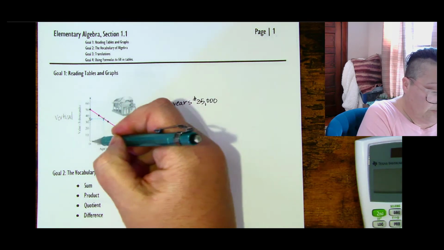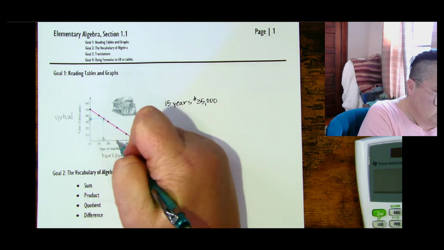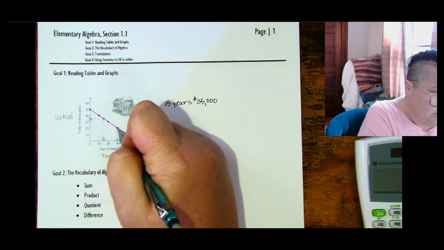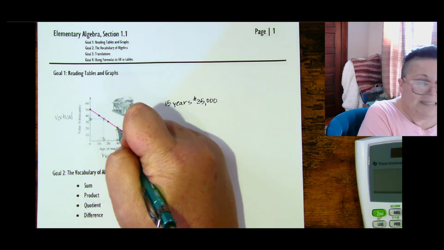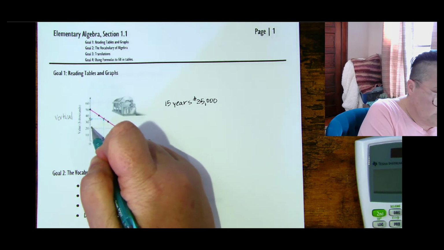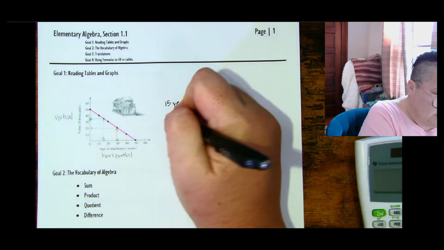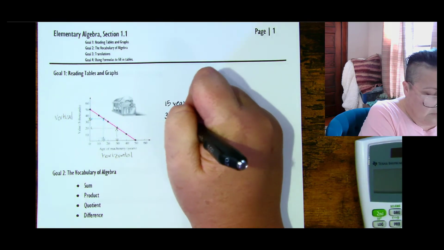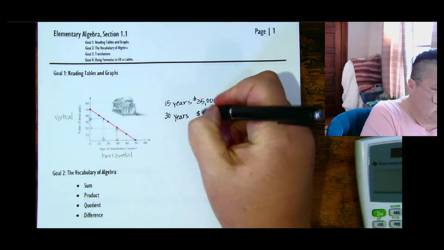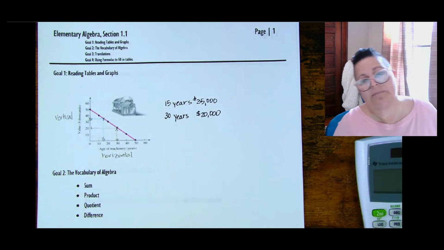If we were to go further down the horizontal axis to 30 years, we would follow that up to the point on the line, which is associated with $20,000. So we see that at 30 years, this particular piece of machinery is worth $20,000.